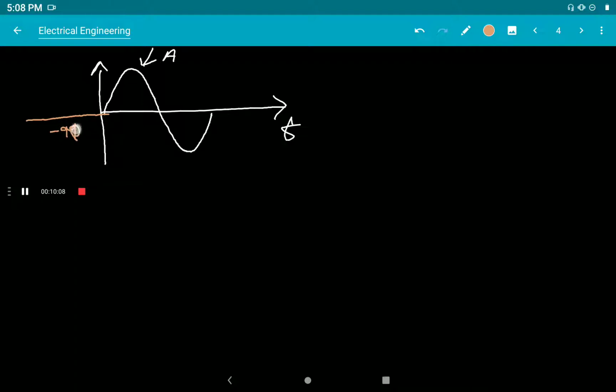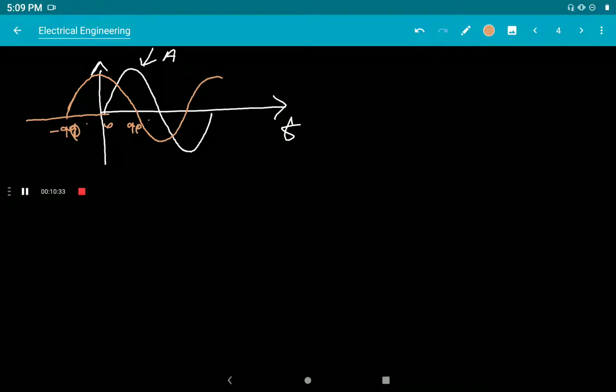Here 0, 90. So here waveform A is in phase with the reference wave.